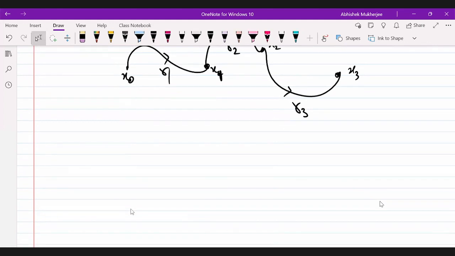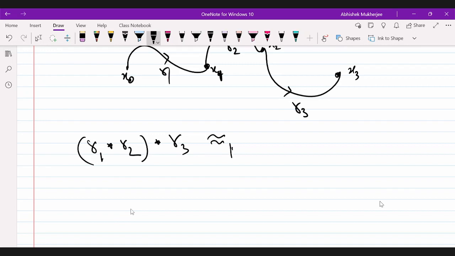And you need to check that. So first you take the operation in between gamma 1 and gamma 2, and then gamma 3. So it should be path homotopic with, first you take the concatenation of gamma 2 and gamma 3, and then gamma 1.